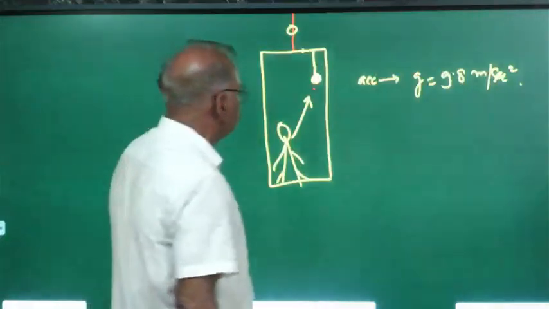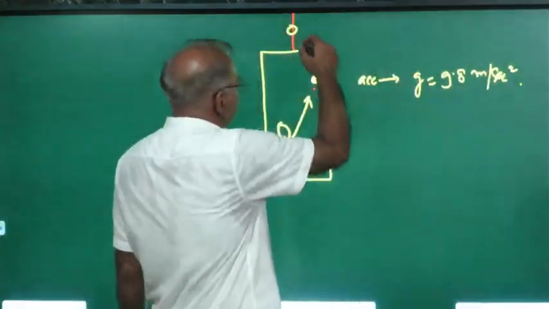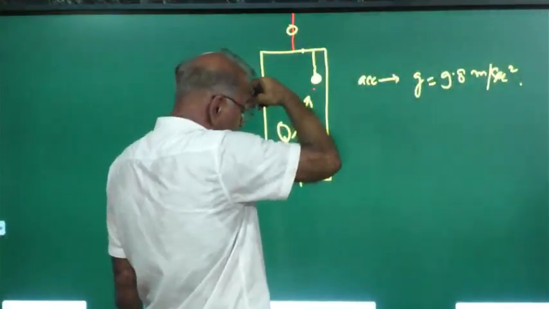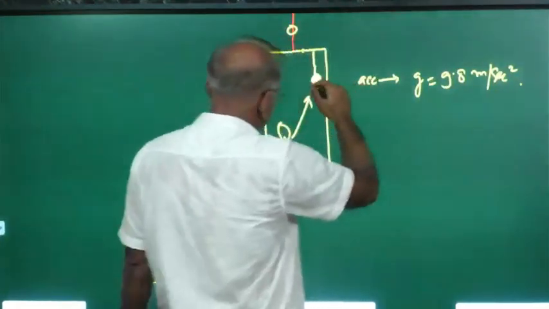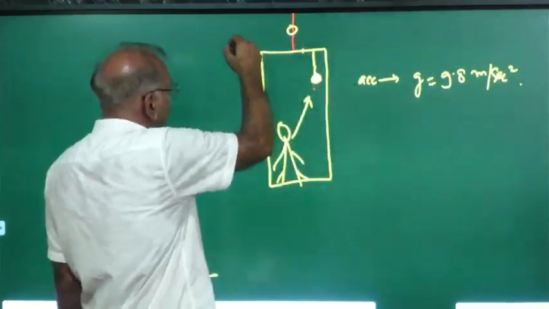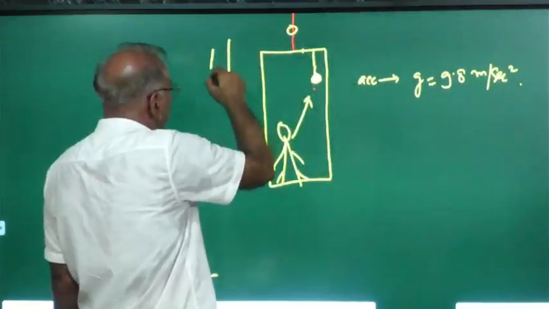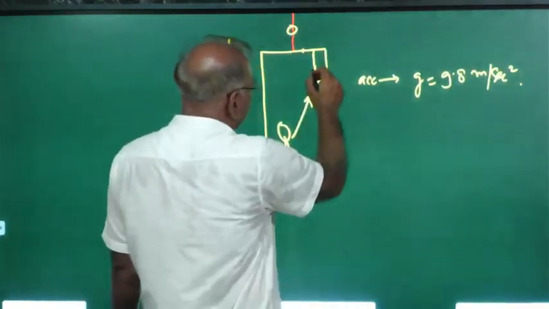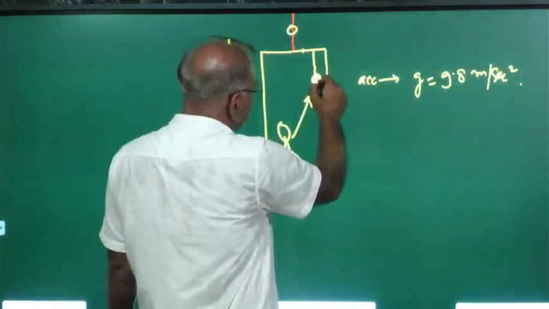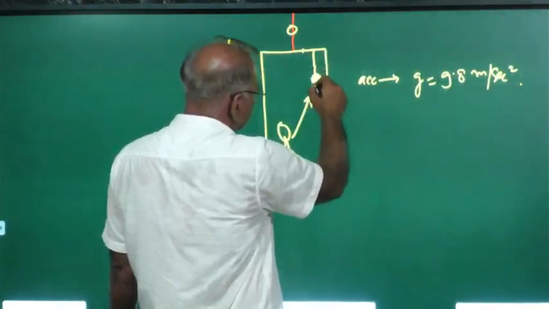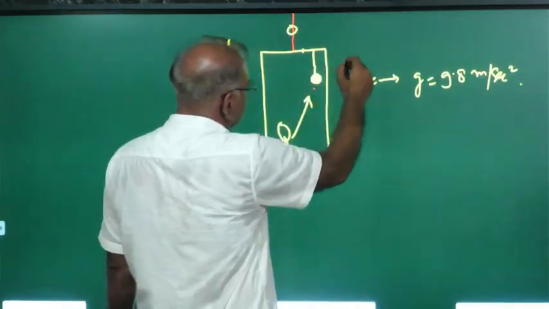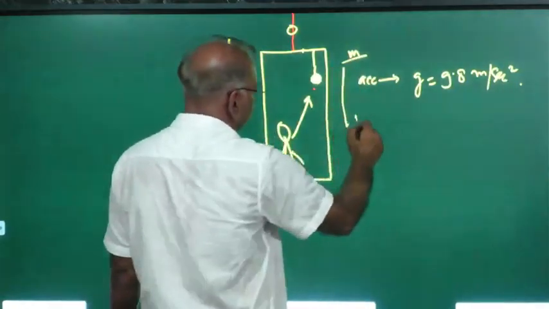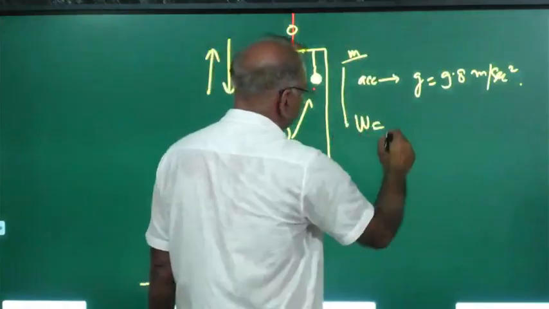So, before the cabin breaks down, it is coming down or going up with a constant speed, and if a body is there, suppose it's a body having mass m, and due to m it has a weight. What is weight?